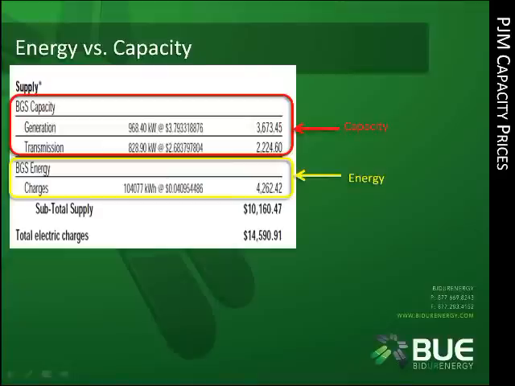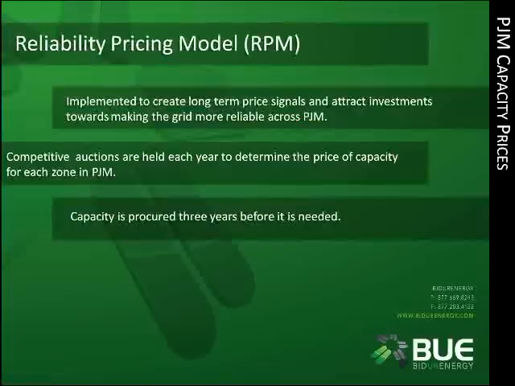And the other half, the capacity, is handled completely differently, and it's handled a few different ways in different markets. RTOs handle it differently. Today, if you're here, you are in PJM, so we're going to focus on how they set these capacity rates. The next slide shows it's called the Reliability Pricing Model, or RPM.